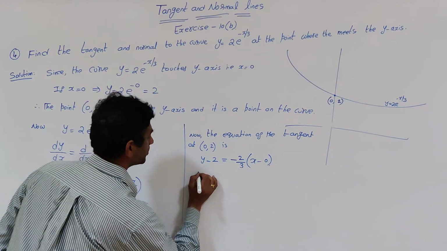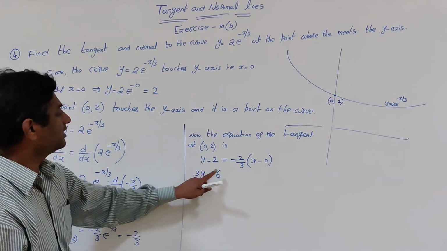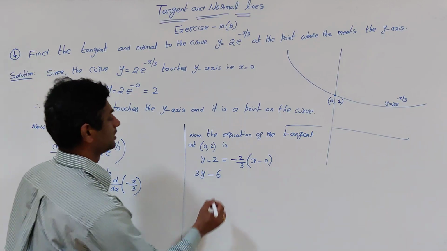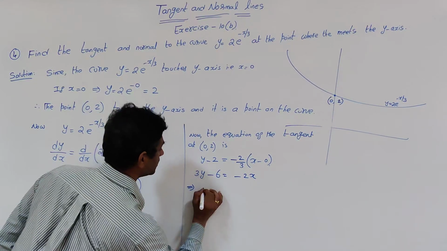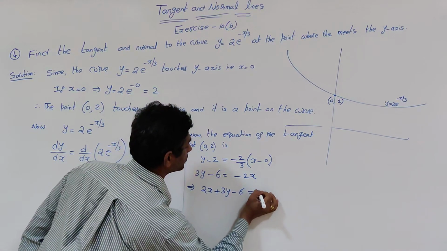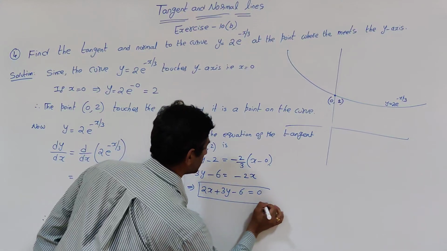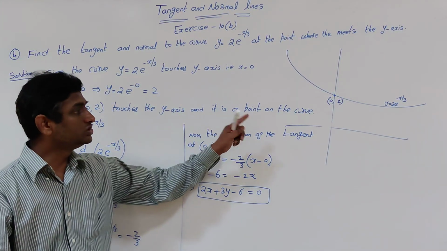Or take the cross product: 3y minus 6, 3 into y is 3y, 3 into minus 2 is minus 6, is equal to minus 2x. On simplification, 2x plus 3y minus 6 is equal to 0. So this is the equation of the tangent line at the point (0, 2).